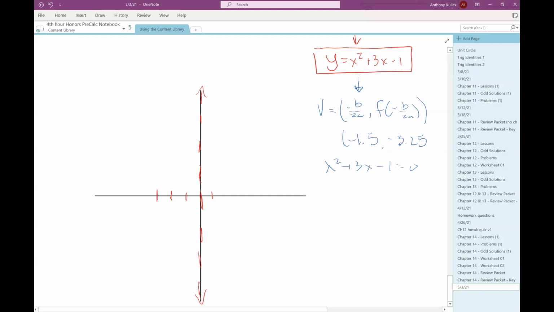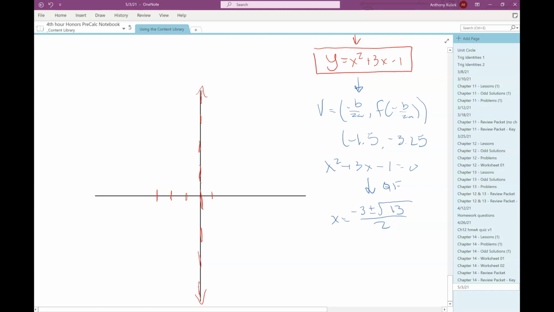So how do I solve that? It's not factorable. So I would want to use the quadratic formula. So that would be negative 3 plus or minus square root of 9 plus 4 over 2.